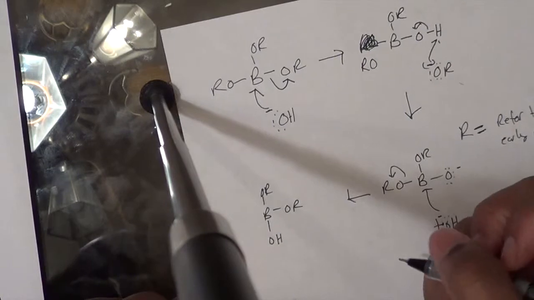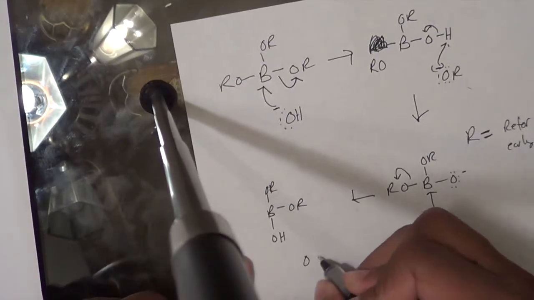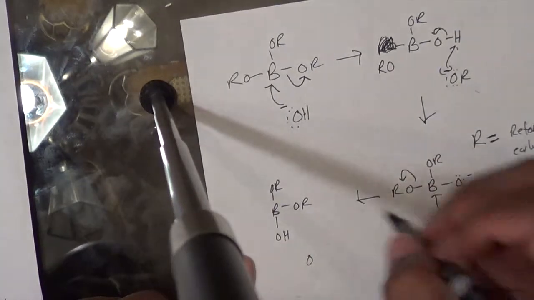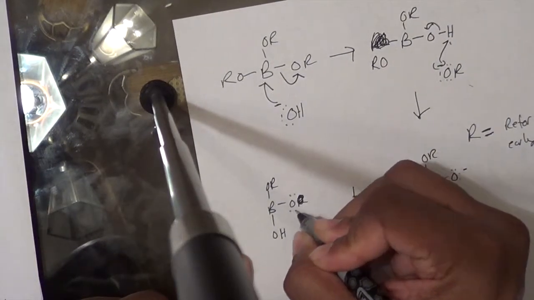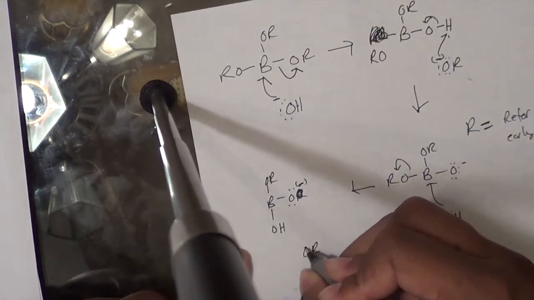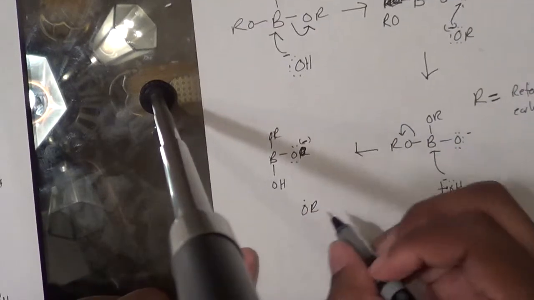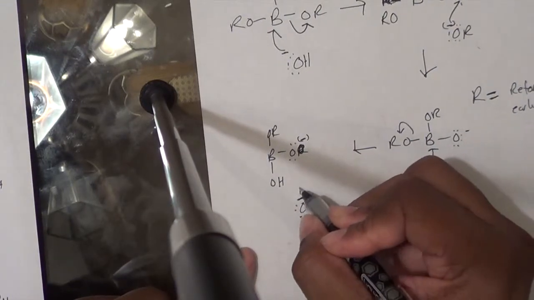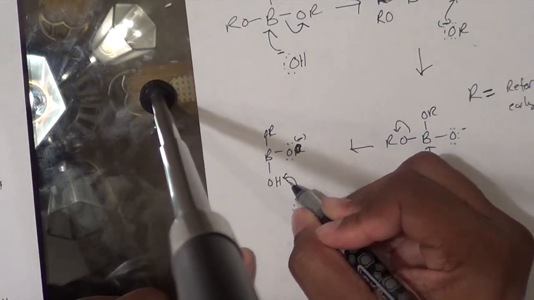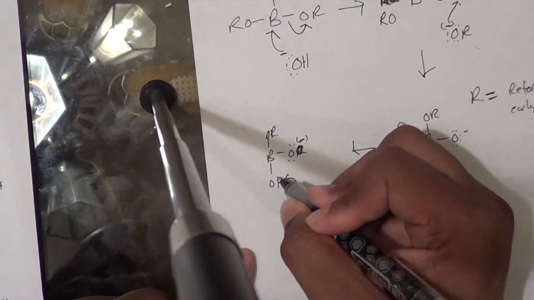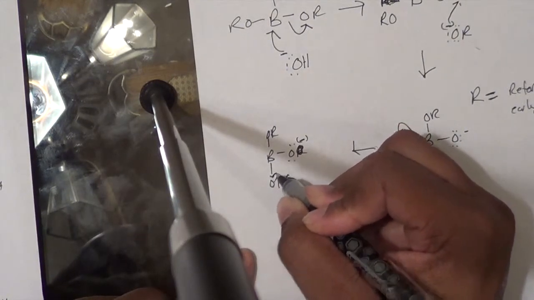Okay, and since we popped one off, sorry, this is actually just O. Since we popped one off, this is what we have here. Same thing happened. It takes this hydrogen and pushes the electrons back in to this bond back here.